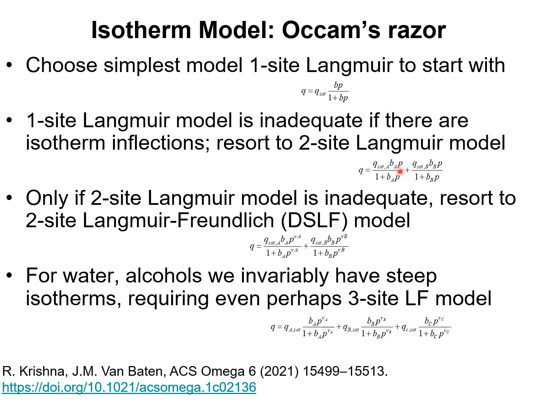So the next choice would be this one, and only if this fails do I proceed further to invoke the two-site Langmuir Freundlich model, where we have the Freundlich exponents nu A and nu B. In very special cases for isotherms of water and some alcohols in MOFs and zeolites, and for flexible MOFs, we may need to even go further and adopt the three-site Langmuir Freundlich model.